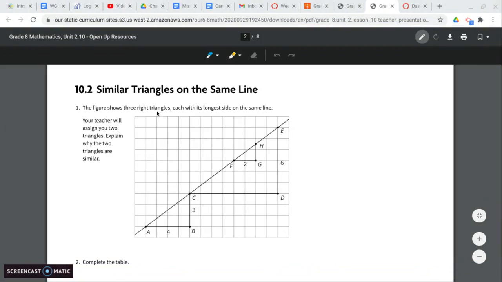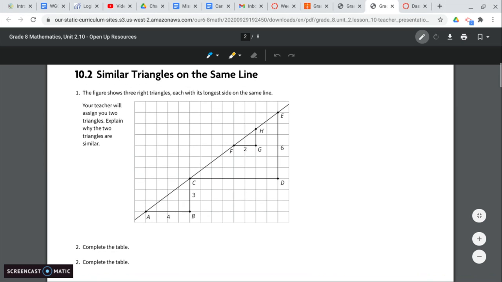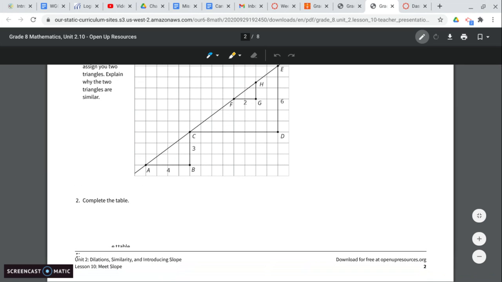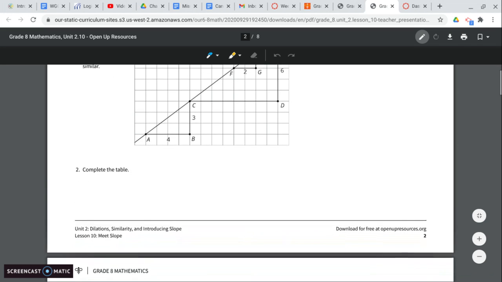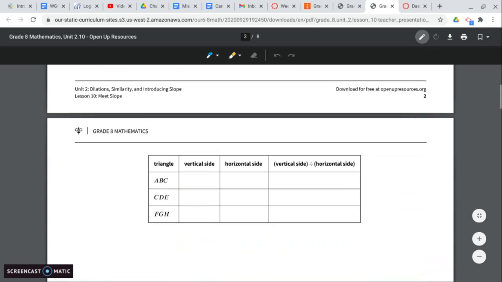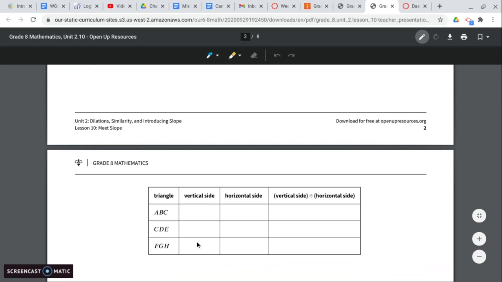So what we're looking at here is similar triangles on the same line. The figure shows 3 right triangles, each with its longest side on the same line. We are going to complete the table based on these triangles. Looking at the vertical and horizontal sides, we're going to divide the two.